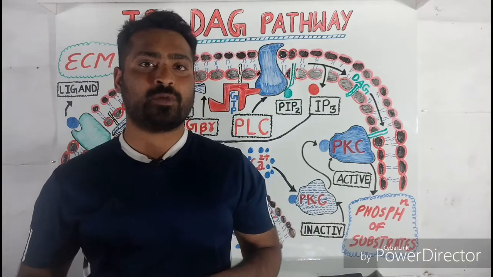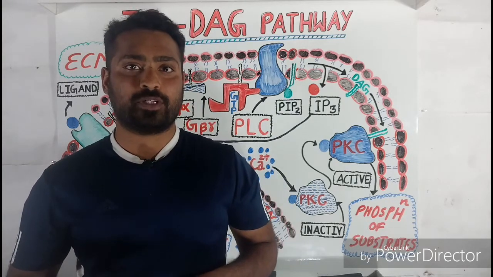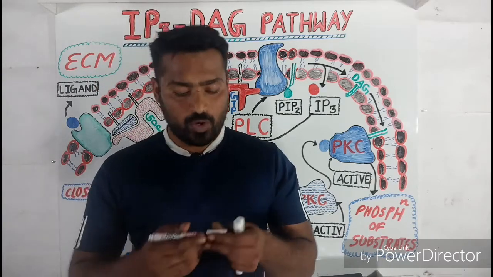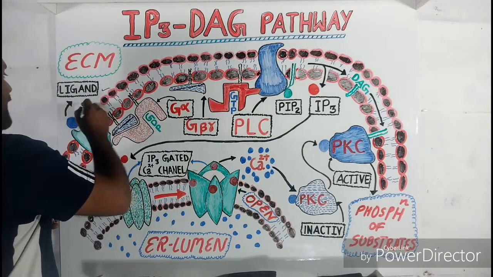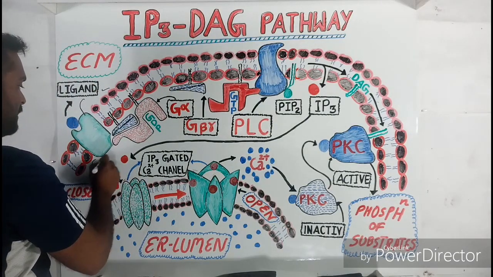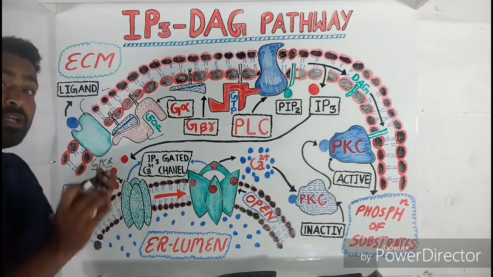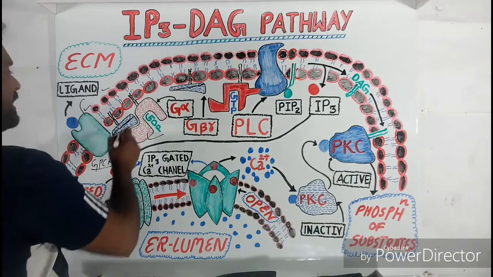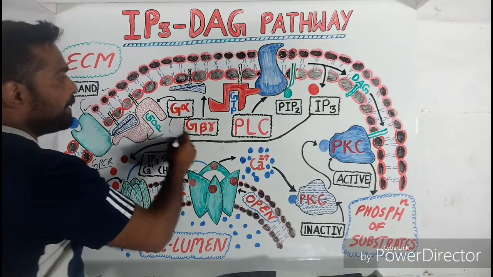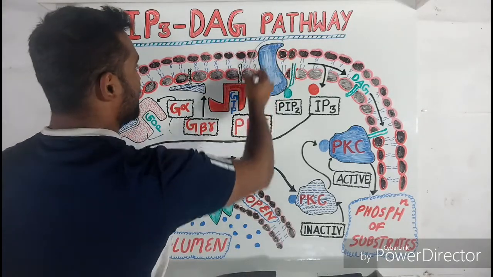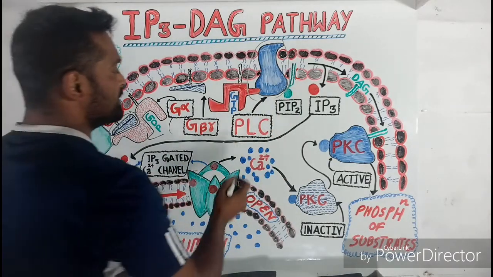In this video, we are going to discuss another very important signaling pathway, which is known as the IP3 DAG pathway. From our previous knowledge, we know that following the ligand binding and activation of this GPCR, the G alpha subunit detaches itself from the receptor as well as the beta gamma subunit of the trimeric G protein, and then it goes and binds to the effector protein here, as we saw in the case of the cAMP pathway where the effector protein was adenylyl cyclase.